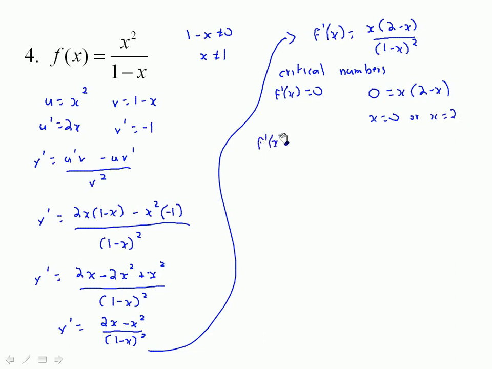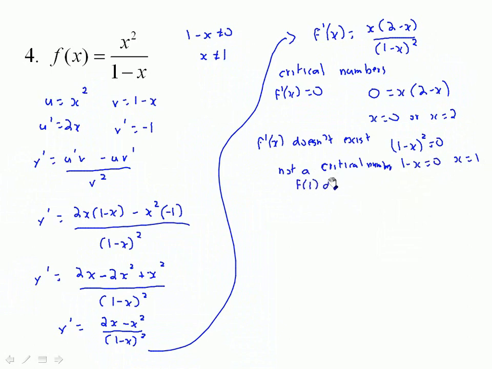Where does f prime of x not exist? Well, (1 − x)² equals 0, so 1 − x is 0, and you will get x equal to 1, but that is not a critical number. Remember, f at 1 doesn't exist.